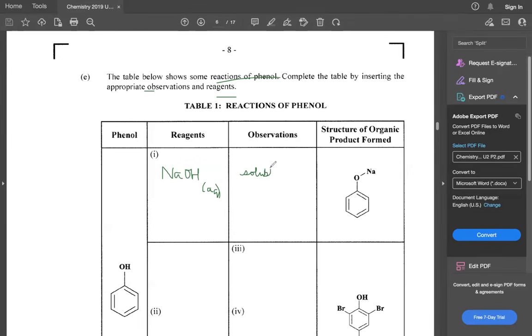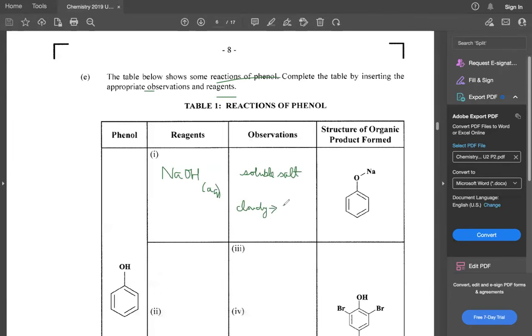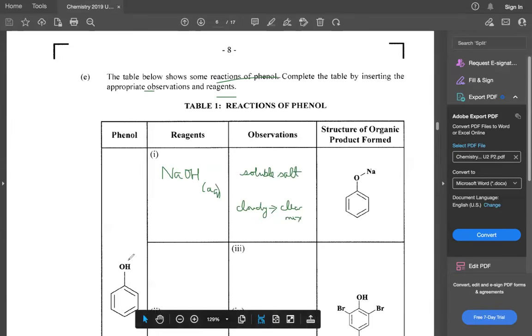Whatever our product is going to be, it will be soluble in that aqueous solution. Remember that the phenol itself is not very soluble in aqueous solutions. So what we'll see is maybe a change from a cloudy mixture to a clearer mixture, because the salt formed as a result of the NaOH reacting with the phenol is a soluble salt.